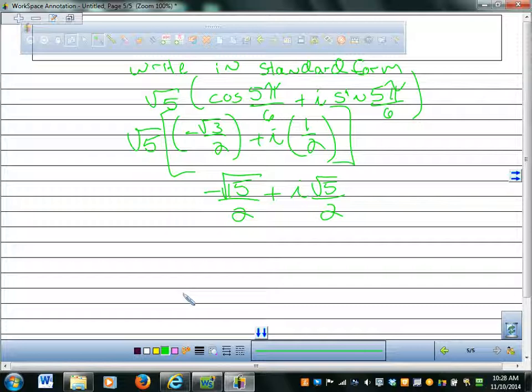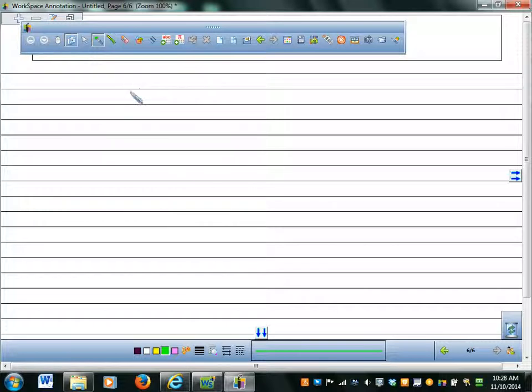Now we have these formulas that I have to give you, and if I don't get to them, you're going to have to watch my video or look in the book. They're pretty easy. You have 2 complex numbers.